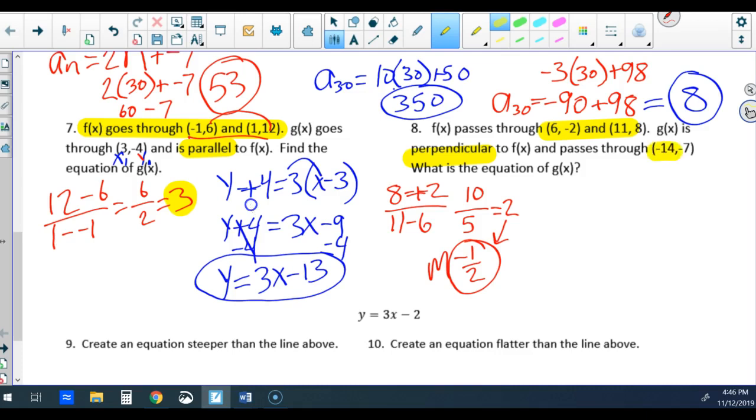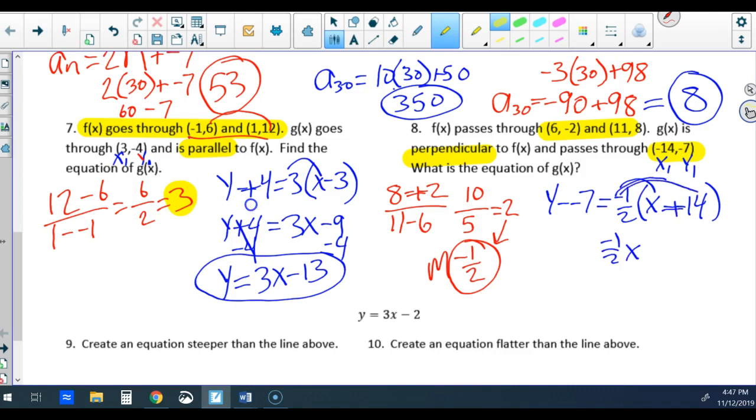So use this coordinate here. Now, 1, and there's y1. So point slope formula. Y minus negative 7 equals negative 1/2 times x minus negative 14. Distribute negative 1/2 x. This is a plus 14.